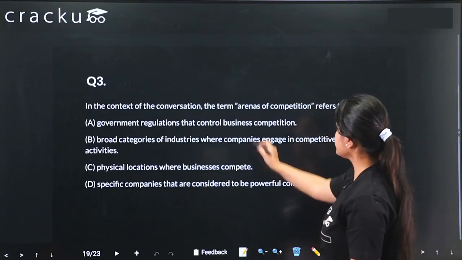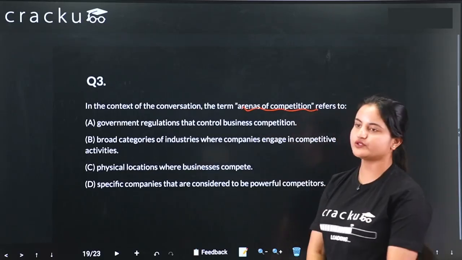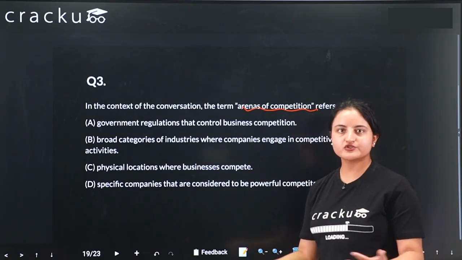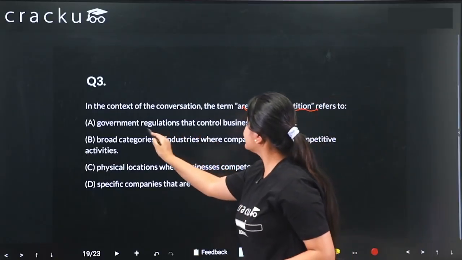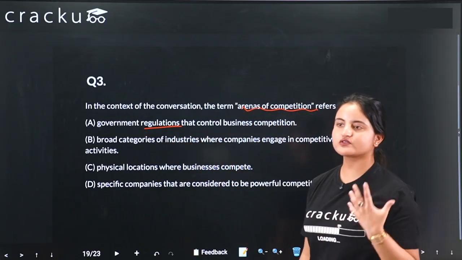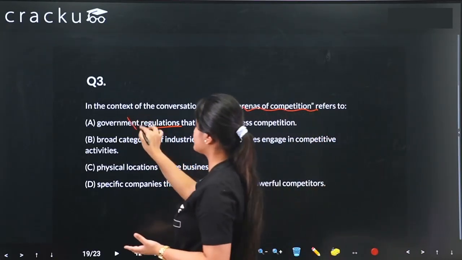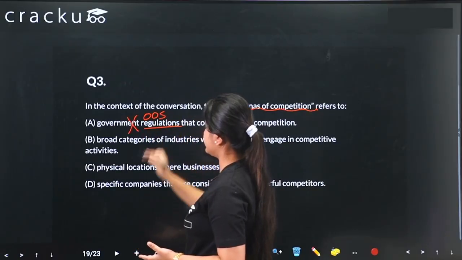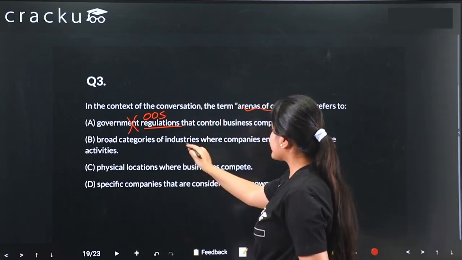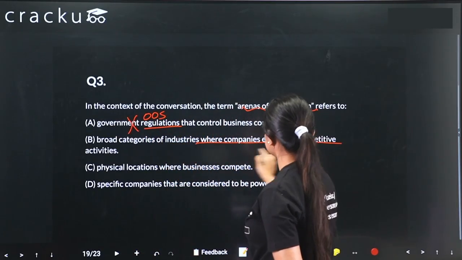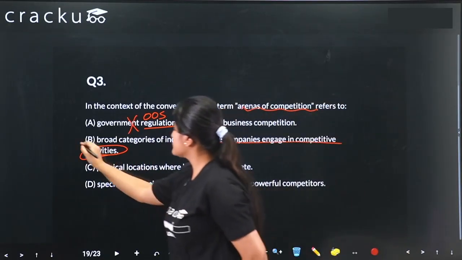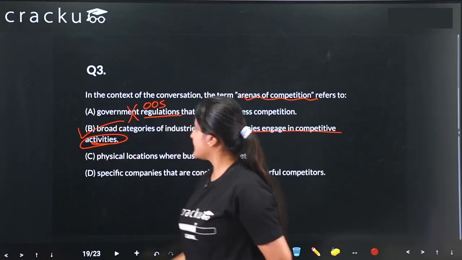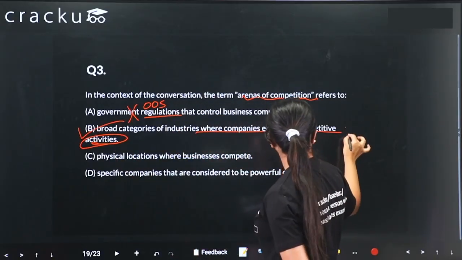Next, arenas of competition refer to what? Arenas of competition were basically related to the companies that are there. Government regulations that control business, first of all, were not even discussed. So out of scope, eliminated, kill. Broad categories of industries where companies engage in competitive activities. Yes, it was defined also. So B is the right choice, and we can also use the STOP technique and pick.